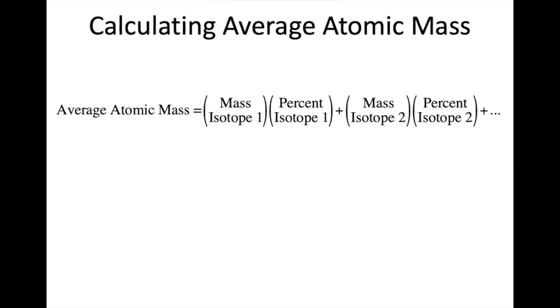The following equation can be used to calculate the weighted average or atomic mass of any real or hypothetical element when given the masses and percent abundances of each isotope of the element.